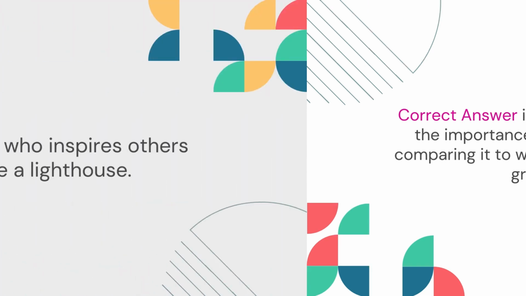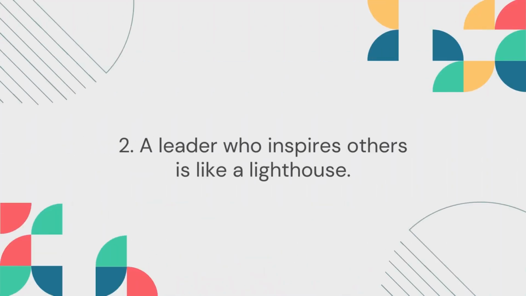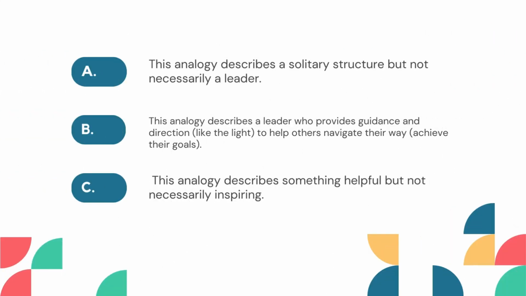Another question: a leader who inspires others is like a lighthouse. A. This analogy describes a solitary structure but not necessarily a leader. B. This analogy describes a leader who provides guidance and direction like the light to help others navigate their way and achieve their goals.